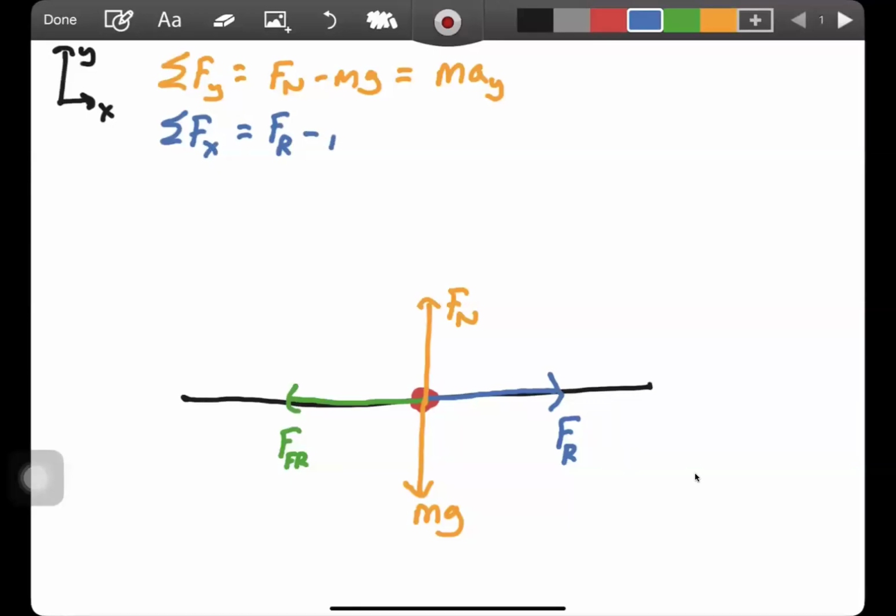So that's minus force friction. And that's going to be equal to mass times the acceleration in the horizontal.